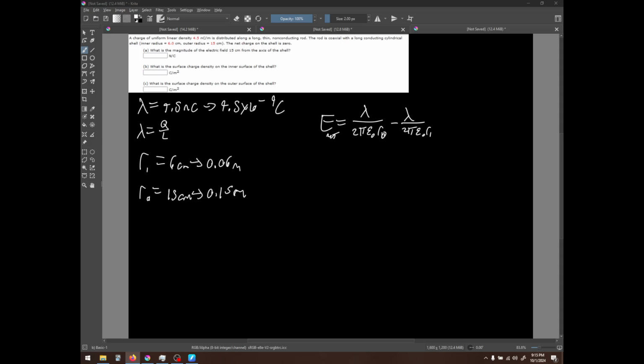Outer divided by inner? I don't know. I hate just throwing stuff at the wall. Definitely not outer divided by inner. It's definitely outer minus inner. It's gotta be. Maybe it is inner minus outer.